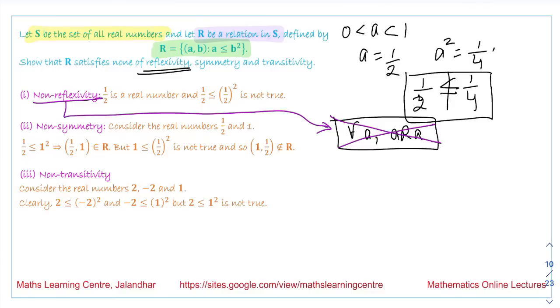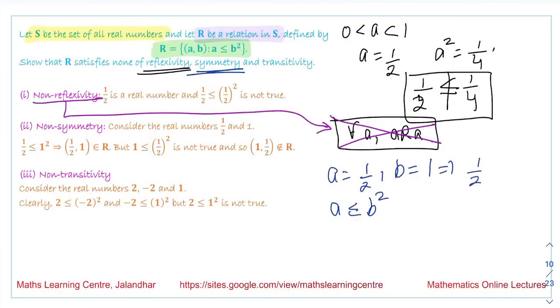Next, the second thing we have to prove is that it is not symmetric. So for symmetric, we have to prove that it is not symmetric. It means we have to give a counter example again. So suppose A is equal to 1 by 2 and B is equal to 1. Then A is less than or equal to B square.